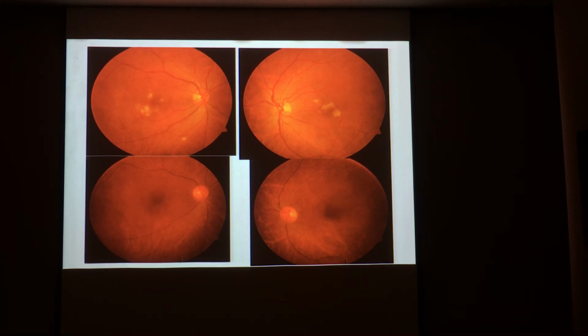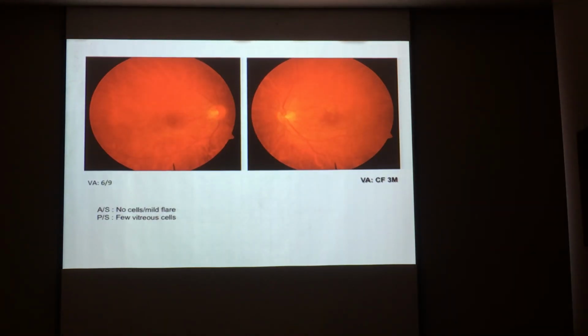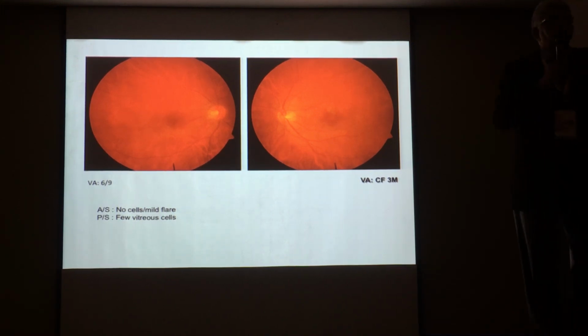So now this is a patient. You can see again a few hemorrhages, but depends upon the platelet counts, the hemorrhages could be few, could be more. Hemorrhages, when they absorb, do they leave any deficit behind? Do you expect hemorrhages to leave behind deficit?